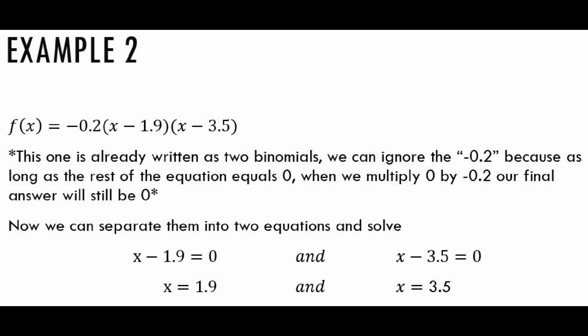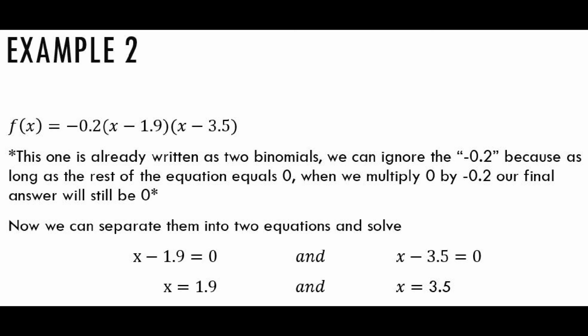So we can actually just ignore that negative 0.2 because as long as our two sets of parentheses equal 0, when we multiply them by negative 0.2, our final answer is still going to be 0. So we're just going to pretend the negative 0.2 isn't there, and we're going to separate these into two equations.